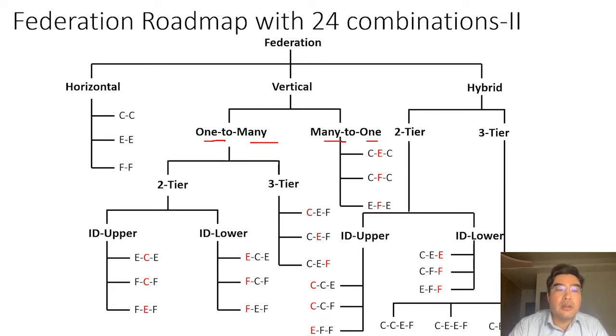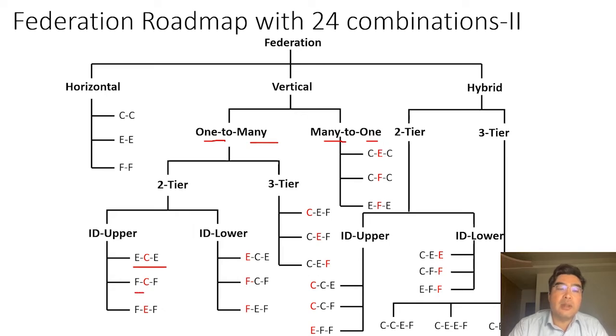So look at the two-tier structure. Well, you have ECE, which means the cloud is in the middle at the top, connected to two edges. These two relationships are vertical for sure, and the upper tier has only one, and it's the cloud.